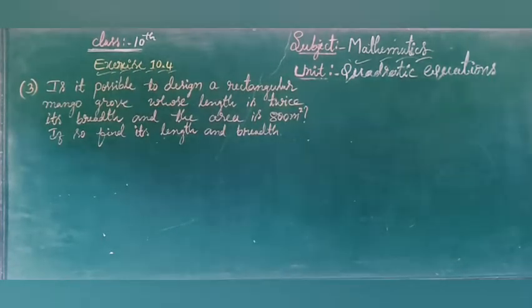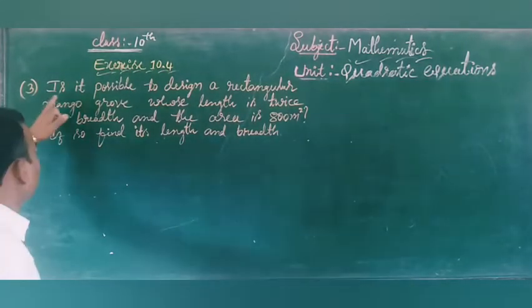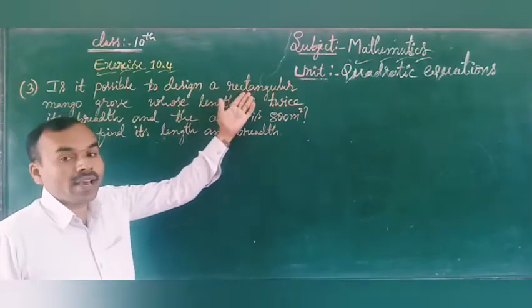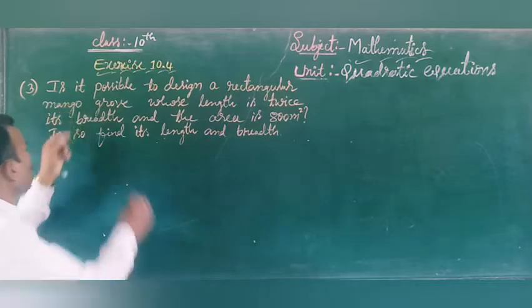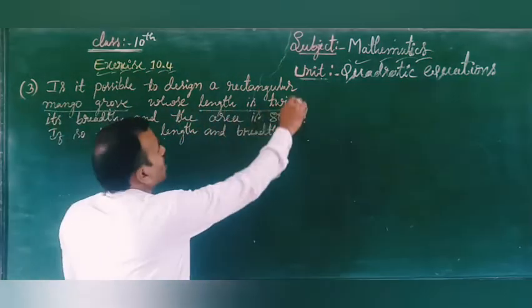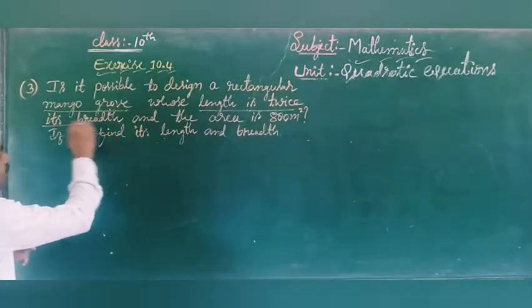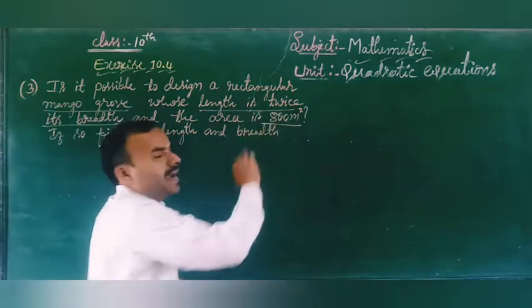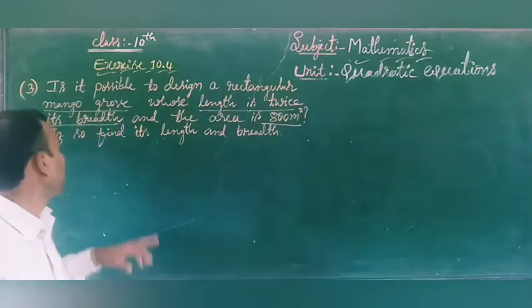Next, take down the third one. Is it possible to design a rectangular mango grove whose length is twice its breadth and the area is 800 meters squared?